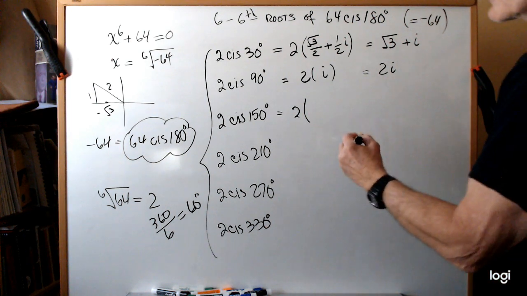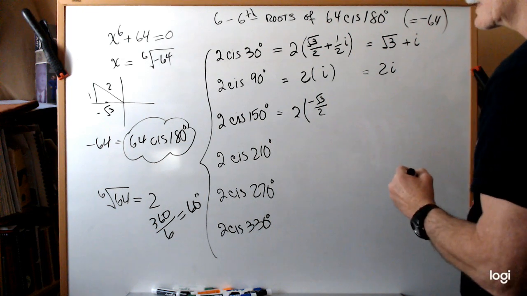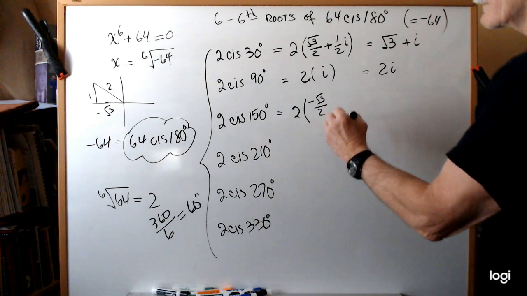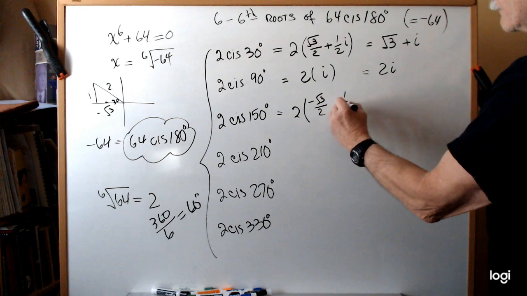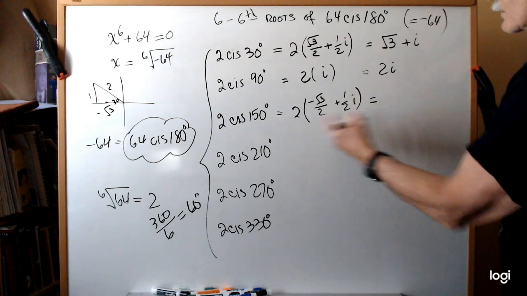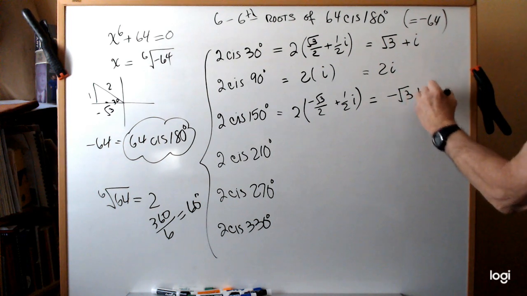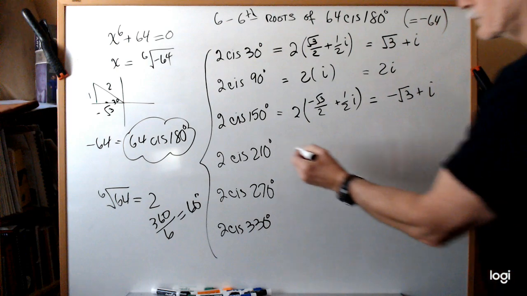This would be negative rad 3 over 2. And the sine of 150, as you can see, is a 1/2. See, this is our 30. So that would be positive 1/2. And when you multiply by 2, we get negative rad 3 plus i.